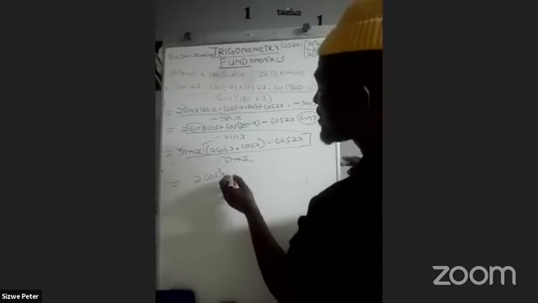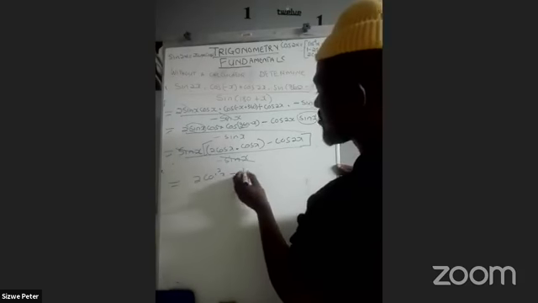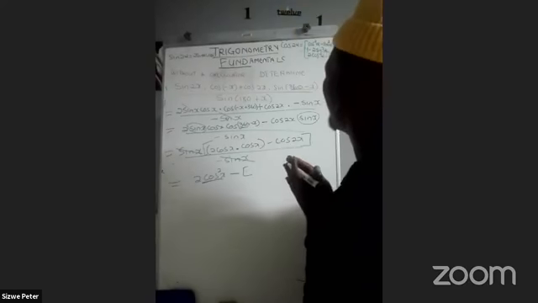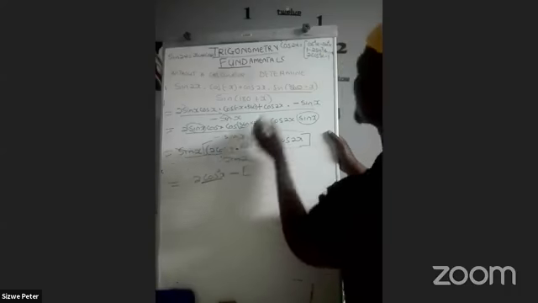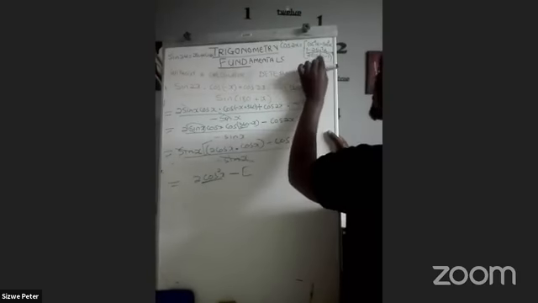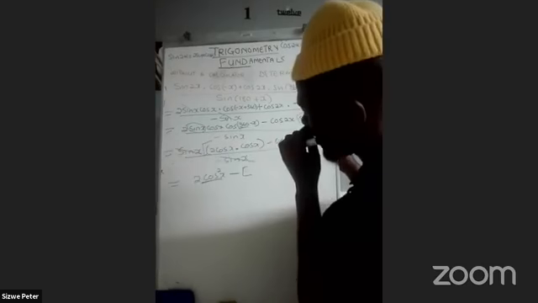Now I can change this because this is giving me a clue. I'll take the last one because there is cos squared.